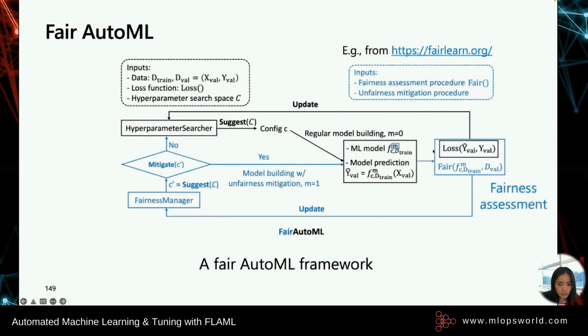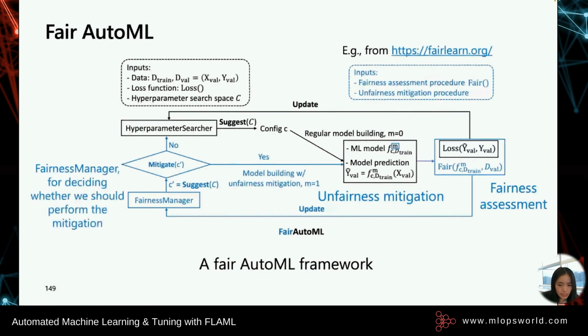And then these two procedures can be incorporated into the model evaluation and the model building process. In addition, since it is not necessarily good to always perform unfairness mitigation, we introduce this fairness manager into this pipeline. The responsibility of a fairness manager is to decide whether and when to perform unfairness mitigation.